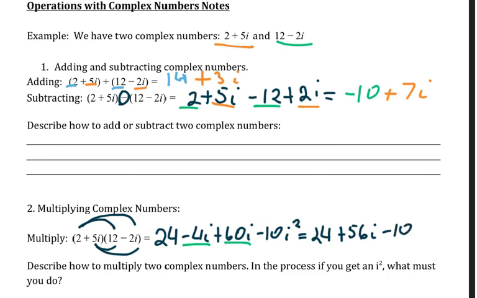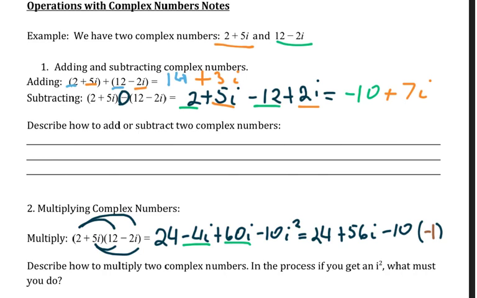And here's the moment when you have to be very careful, because i squared has a value, and we know that i squared is equal to negative 1. So at this moment we have to substitute negative 1 for i squared to fully simplify this complex number.